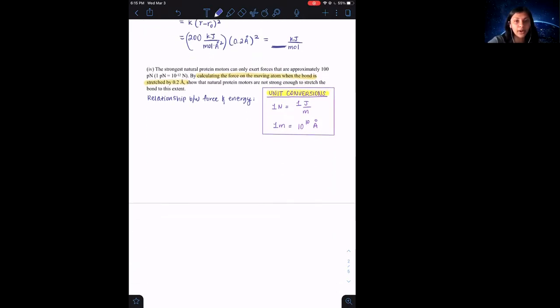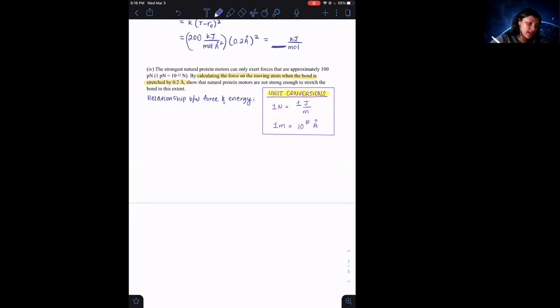And then in part 4, instead of the energy, we now need to calculate the force required to stretch a covalent bond 0.2 angstroms. So first of all, can someone tell me the relationship between force and energy? Yes.